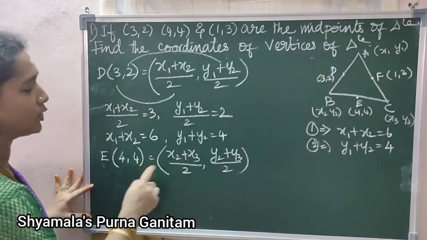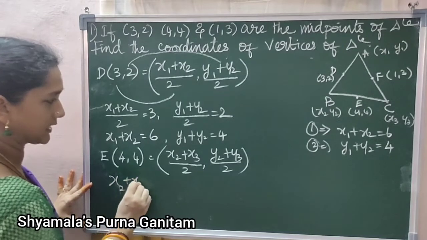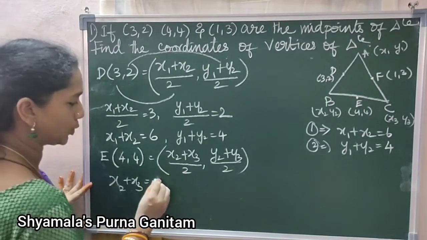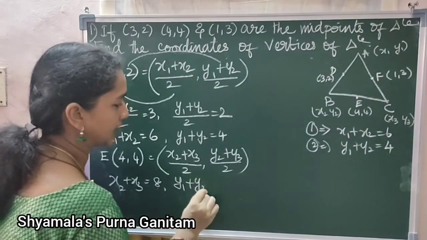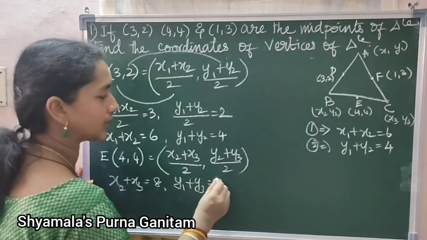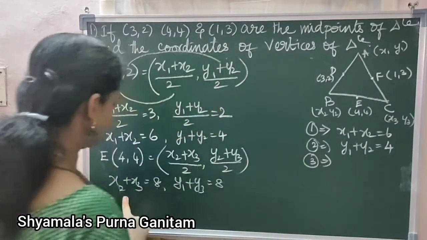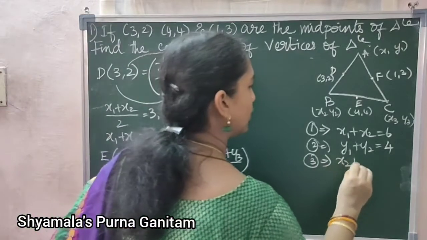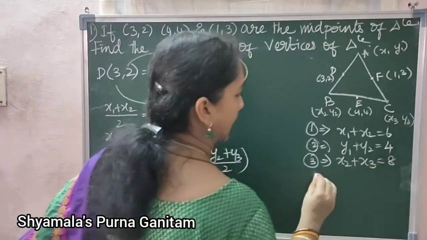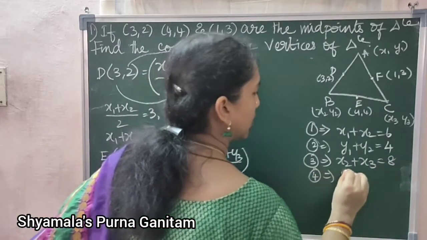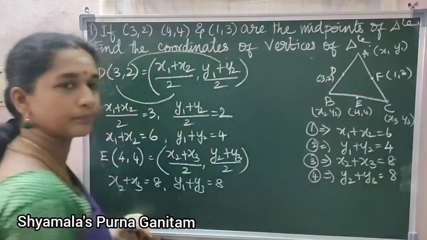You will get x2 plus x3 is equal to 4 2s are 8. Same way, y2 plus y3 is equal to 4 2s are 8. The third equation is x2 plus x3 is equal to 8, and the fourth equation is y2 plus y3 is equal to 8.